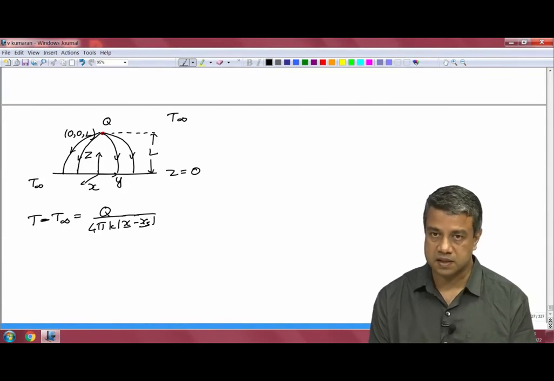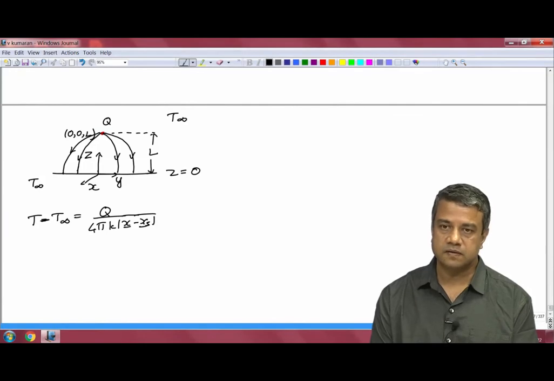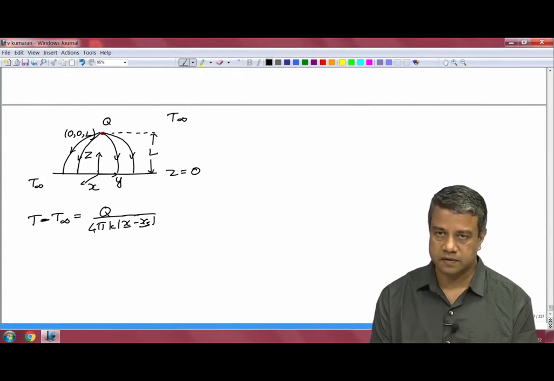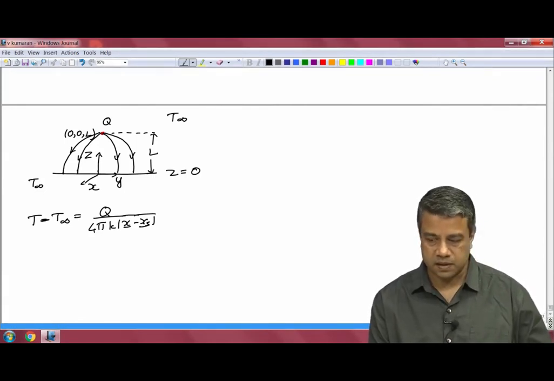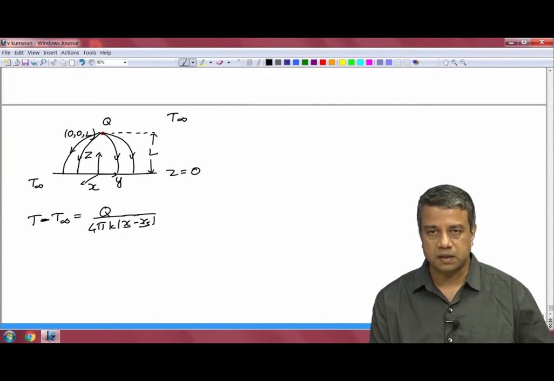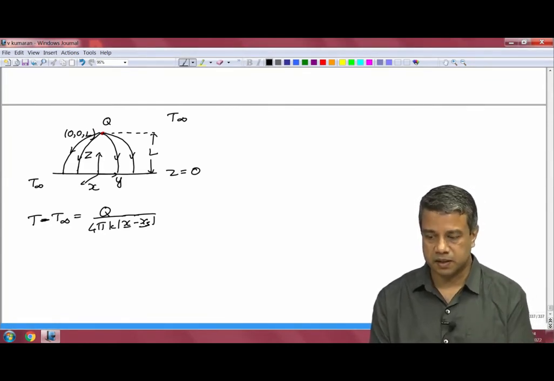This will not satisfy that, because this solution is for an infinite domain. It is not for a finite domain. Since it is for an infinite domain, it does not satisfy the condition that the flux parallel to the surface has to be 0.